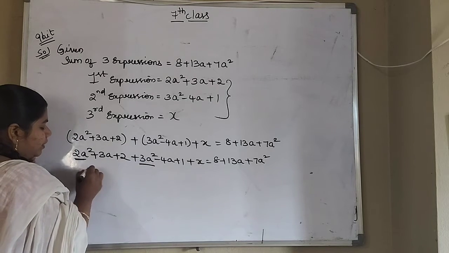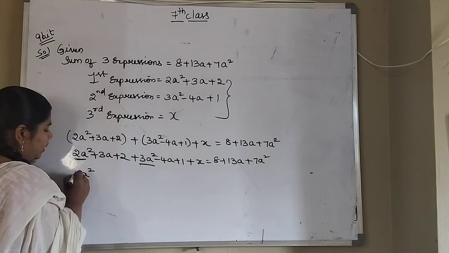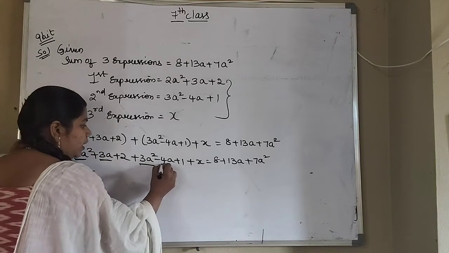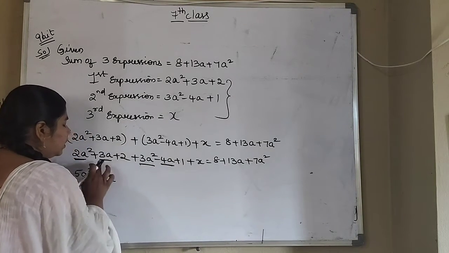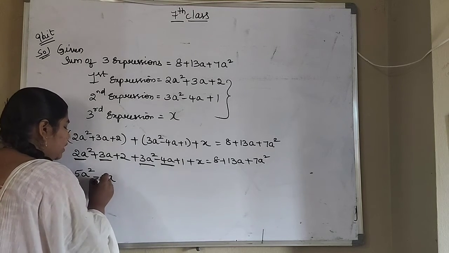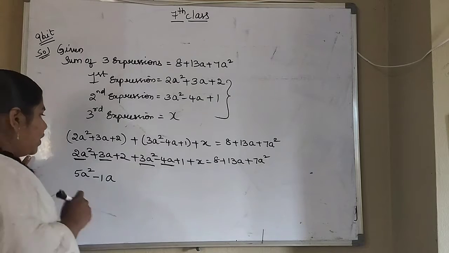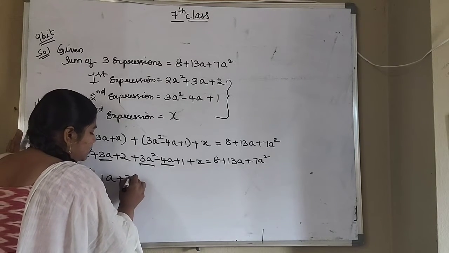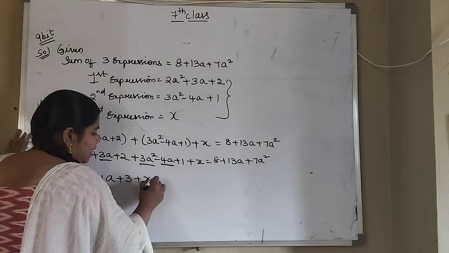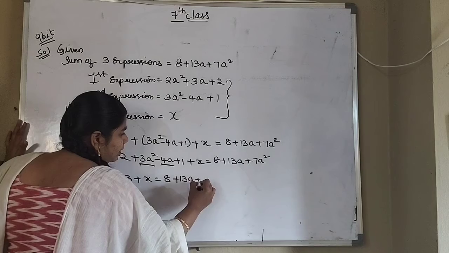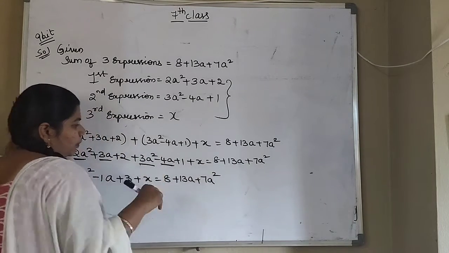So a square I write as it is, 2 plus 3 will be 5, 5a square. Next, a terms: plus 3 minus 4 will be minus 1a. And plus 2 plus 1 will be plus 3. I am writing this x as it is, and write this term, 8 plus 13a plus 7a square.